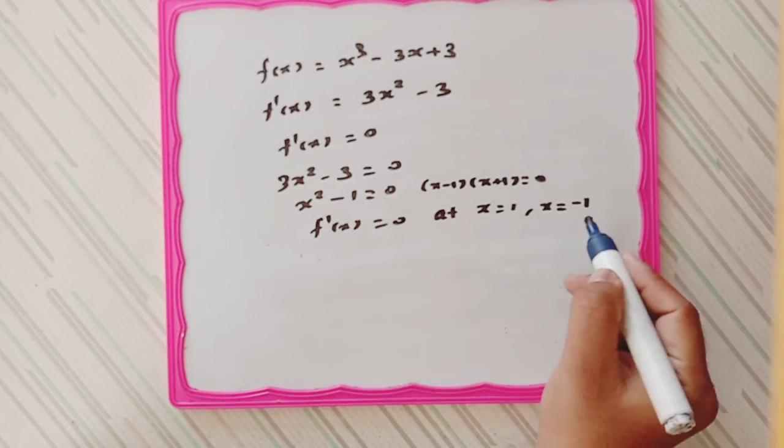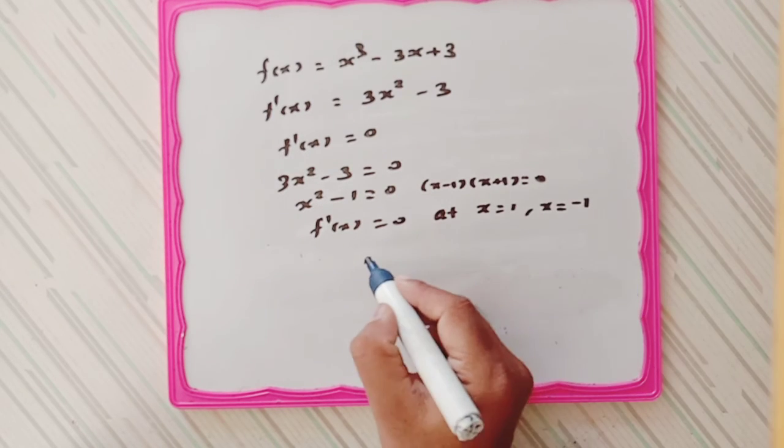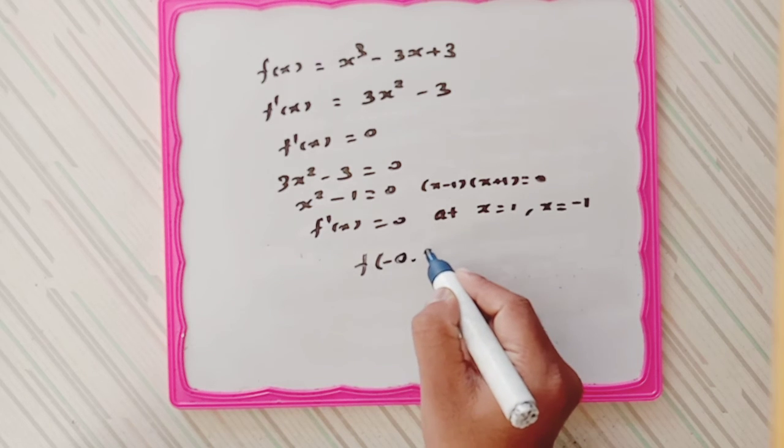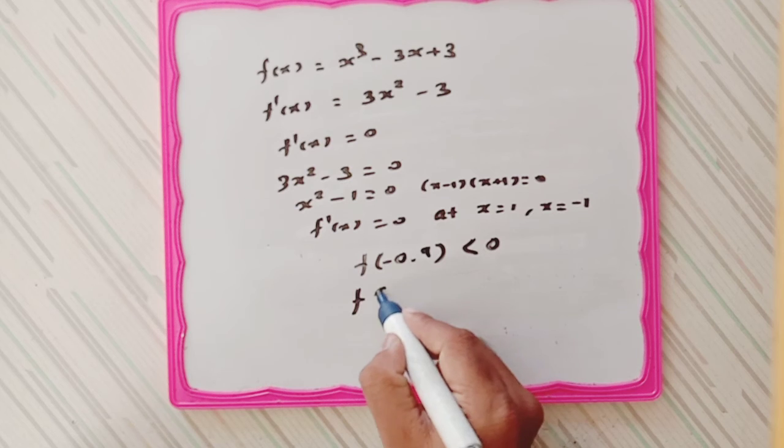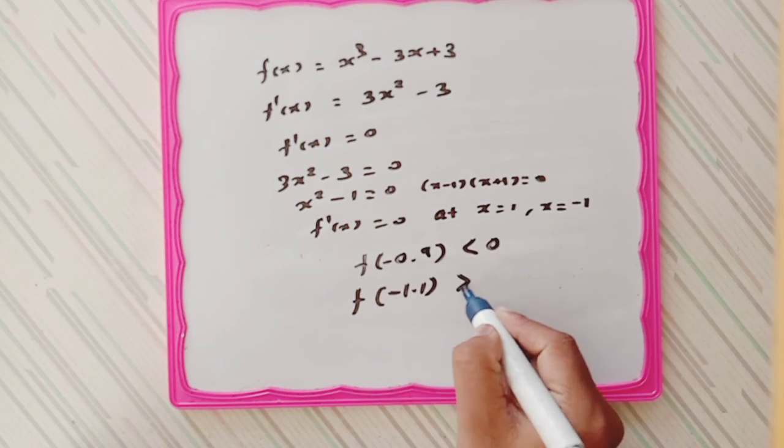So similarly for x equals minus 1 we can check, then f dash at minus 0.9 will be less than 0, and f dash at minus 1.1 will be greater than 0.